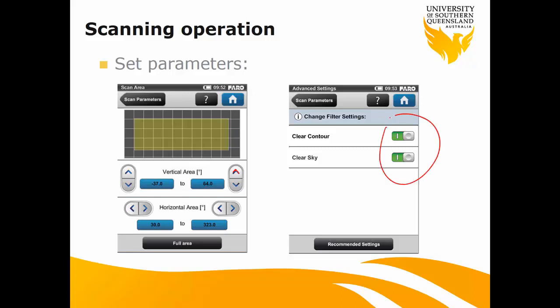Another advanced setting I want to mention is here. For example, the clear contour filter: for the edge of the laser footprint or laser beam, we turn this filter on to help the software determine a better range. Clear sky: turn this filter on.